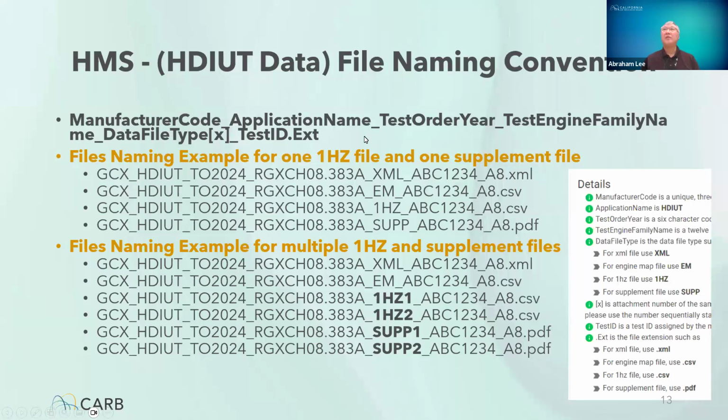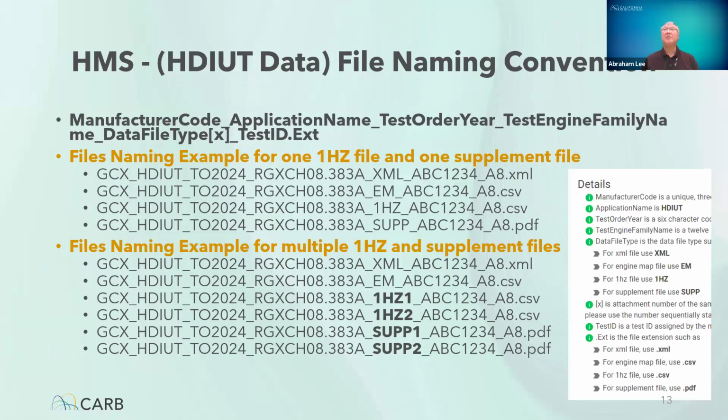As you can see in the right corner, there are details, which are also shown on the website, and I showed a part of them. On the top of the text is the general format of the file naming. The first thing is the manufacturer code, which is a 3-digit code, as in the example like GCX, which is artificial, but manufacturers know their manufacturer code assigned by EPA.